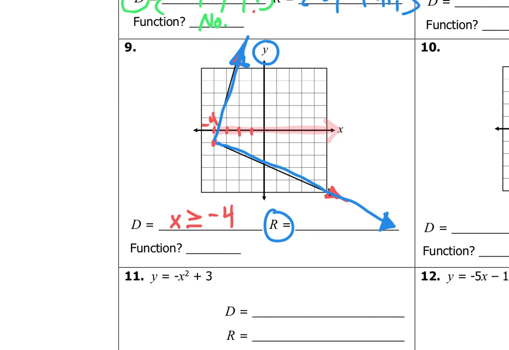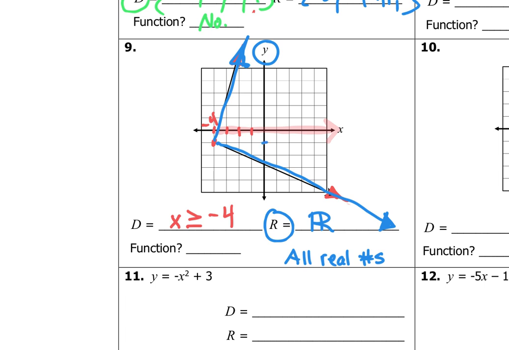So we say that the range is all real numbers. And the abbreviation that we're going to use for that, so that we don't have to write that all the time, is this. So the range, or the values for y, can equal all real numbers.